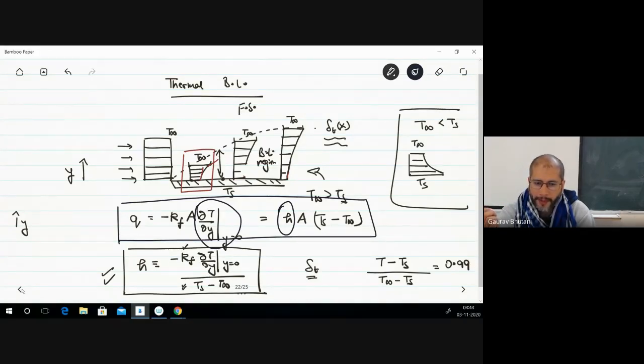Okay, and then we also saw that as you go further from left to right, your del T by del y reduces, because now the boundary layer is growing with x. So that means that the fluid has a greater distance to go from Ts to T infinity. So the gradients reduce.